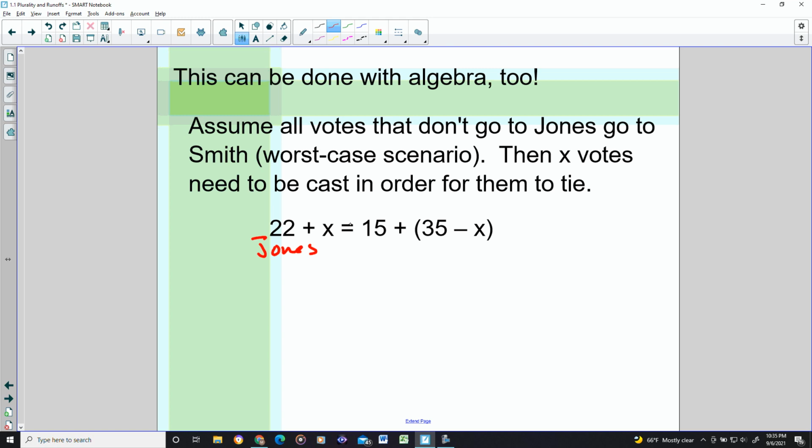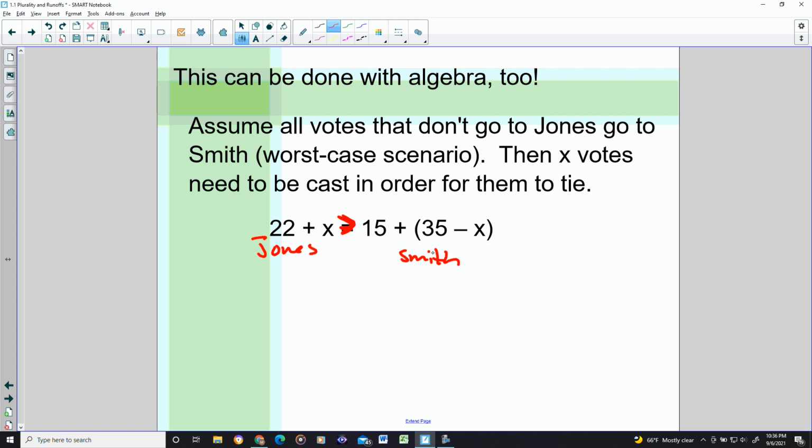And so in this particular case here, we're actually not going to make this an equal sign. We're going to make this a greater than sign because we want Jones to have more votes than Smith. So if this algebra statement makes sense, Jones 22 votes plus some remaining votes must be greater than Smith's 15 plus the remainder of those 35 votes. Okay?